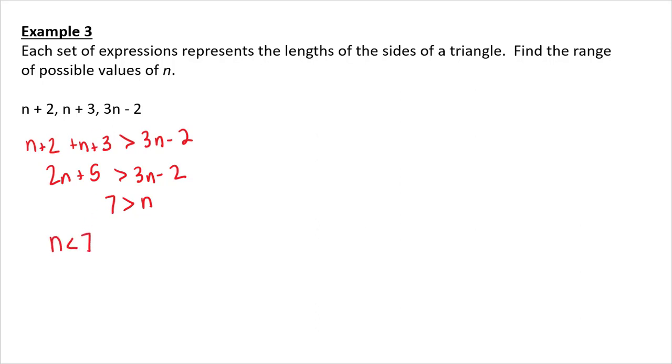Let's see how our other inequalities play out. So I'm going to now take n plus 3, add that to 3n minus 2. That has to be bigger than n plus 2. So I have 4n plus 1 has to be greater than n plus 2, so 3n greater than 1. N has to be greater than 1/3.